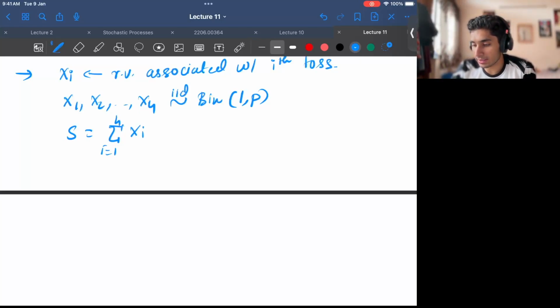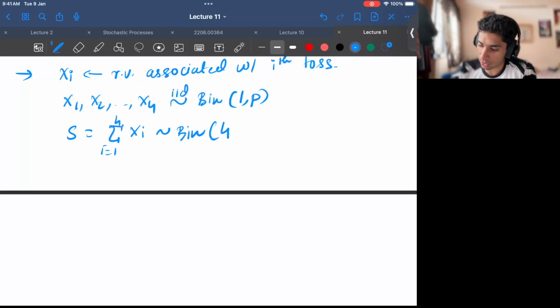Now, since s is a summation of IID binomial random variables, this summation is again binomial, with the number of trials equal to 4 because you are adding four IID binomial random variables, and the probability of success will still be p.